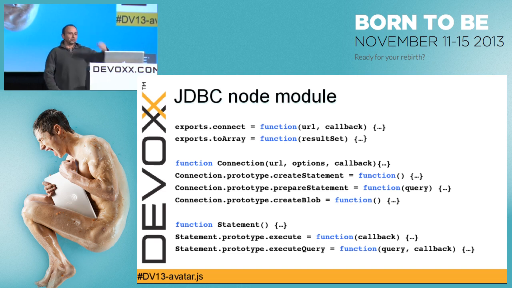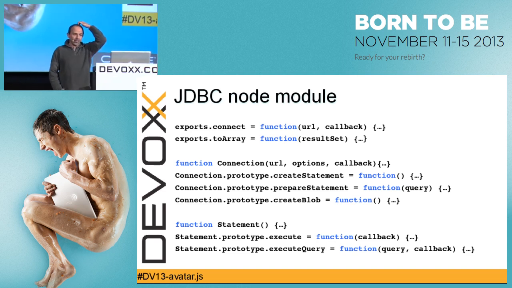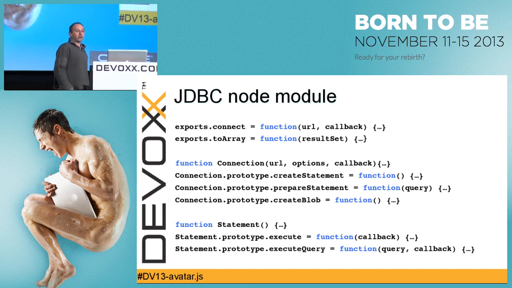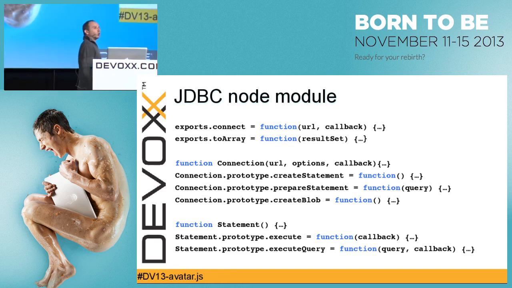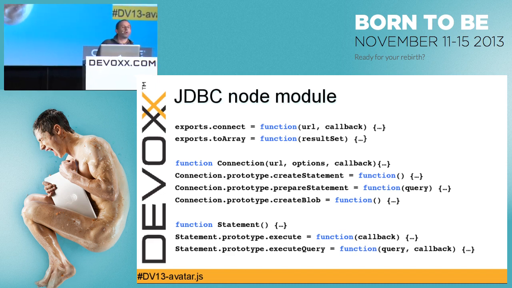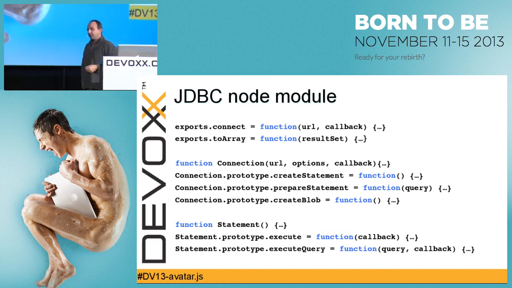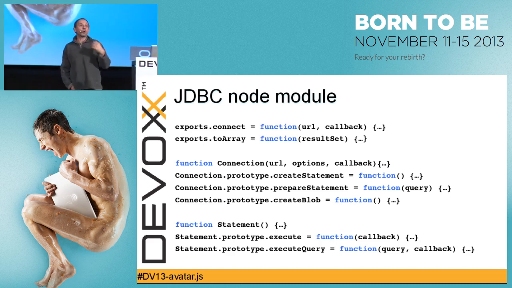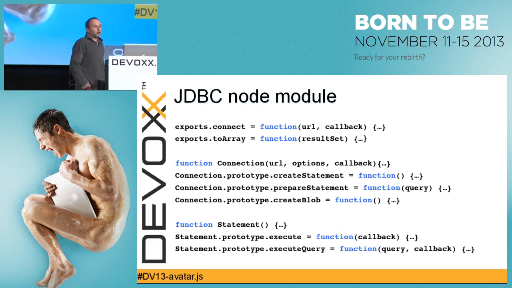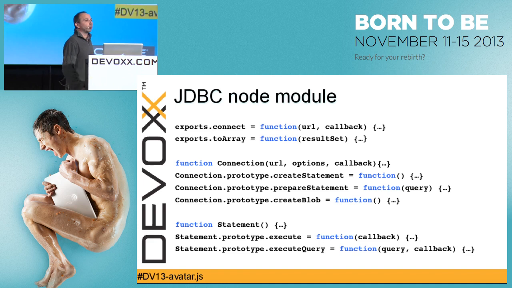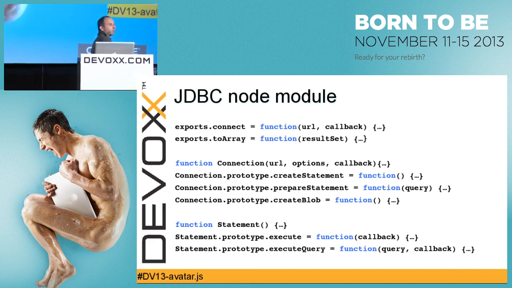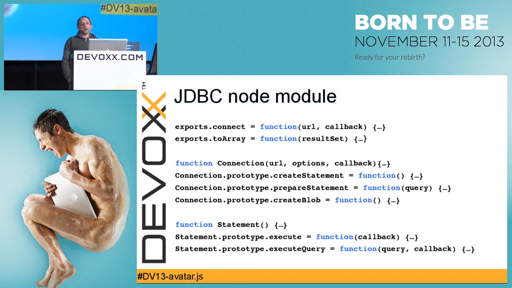So a quick overview of this JDBC module. When you want to declare the functions or properties a module is exporting in Node, you are defining them on an exports definition. Every module has this exports definition to which it can attach what it is exporting.